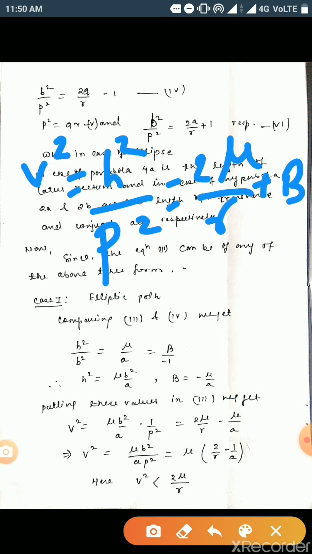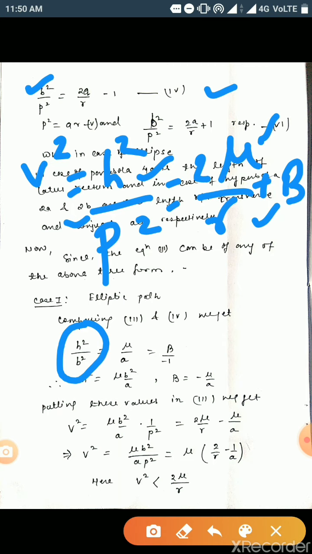So now for case 1, the elliptic path, we compare equation 3 with equation 4. By comparing, since here is b square by p square and here is h square by p square, we get h square by b square equals mu divided by a, since 2 by r is common in both equations, and equals b divided by minus 1.